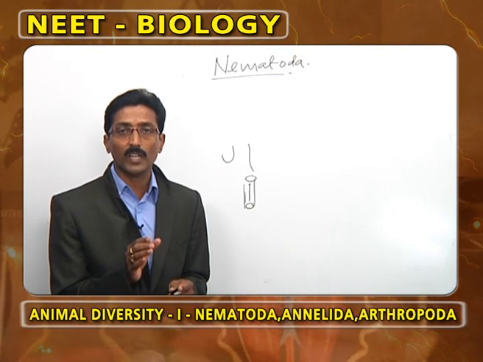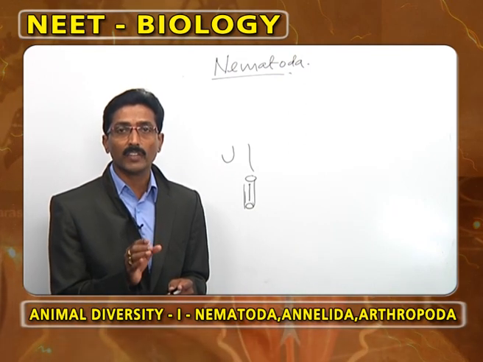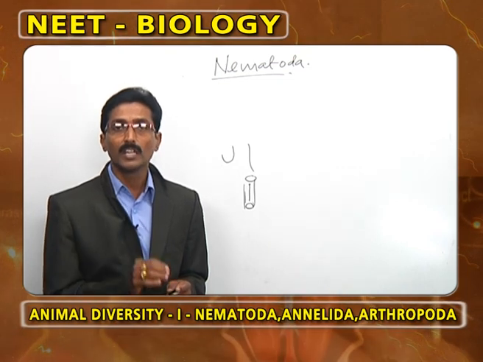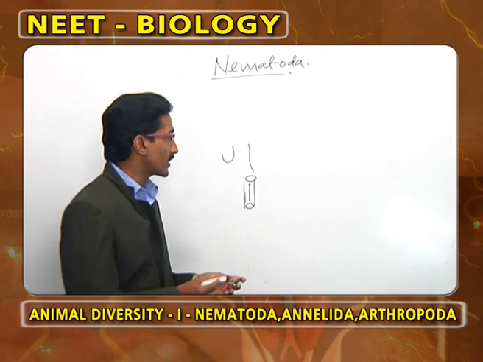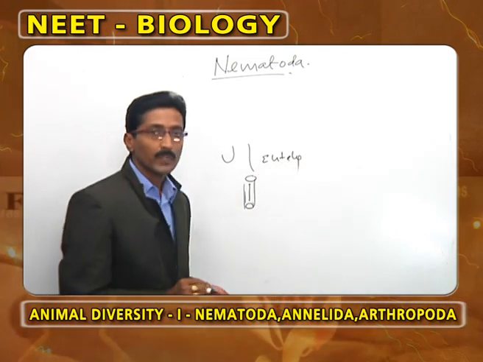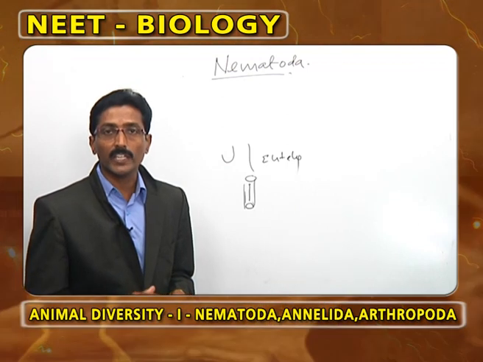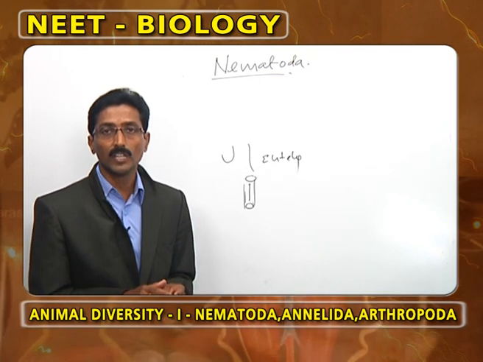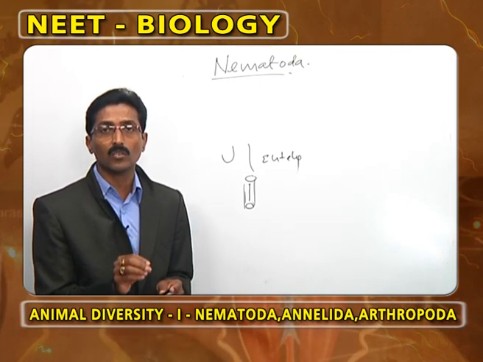In the nematoda, each species has a specific number of cells and a specific number of nuclei. What is the reason for that condition? The reason is what we call eutely. What is the meaning of eutely? In the nematoda, in the adult stage, the somatic cells do not undergo any division. Only the germ cells can undergo division.